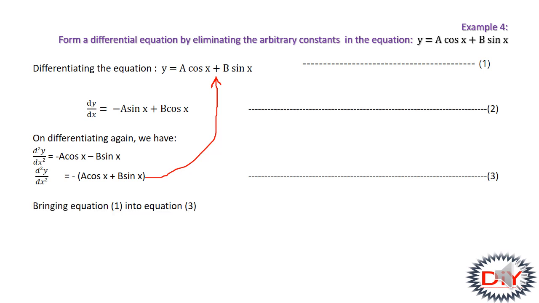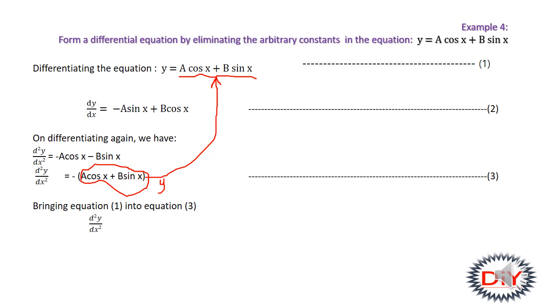So we now bring equation 1 into equation 3. This is our y, which is equal to this. And don't forget, this is equal to what? This. So we can easily remove this and put y.